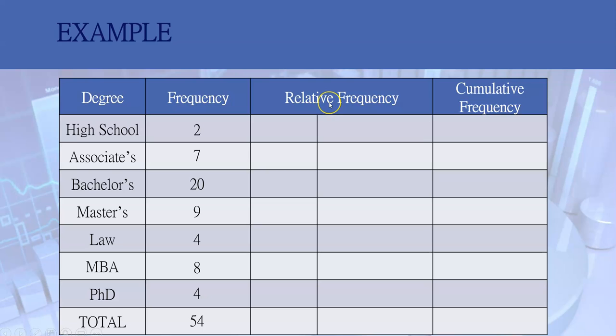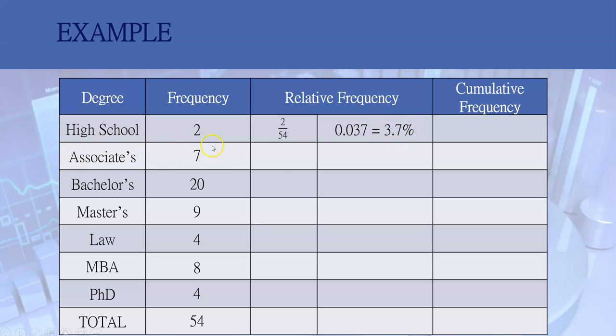To figure out the relative frequency for each of these, you take the frequency it happened divided by the total frequency. So in the high school diploma category, it would be 2 out of the total of 54. The fraction is then divided to get decimal form and then multiplied by 100 to get percent form. Percent form is usually the part that's displayed. We don't usually put the fraction and the decimal part in here, but for an explanation standpoint, I decided to put it in here so you can see where I'm getting the 3.7 from.